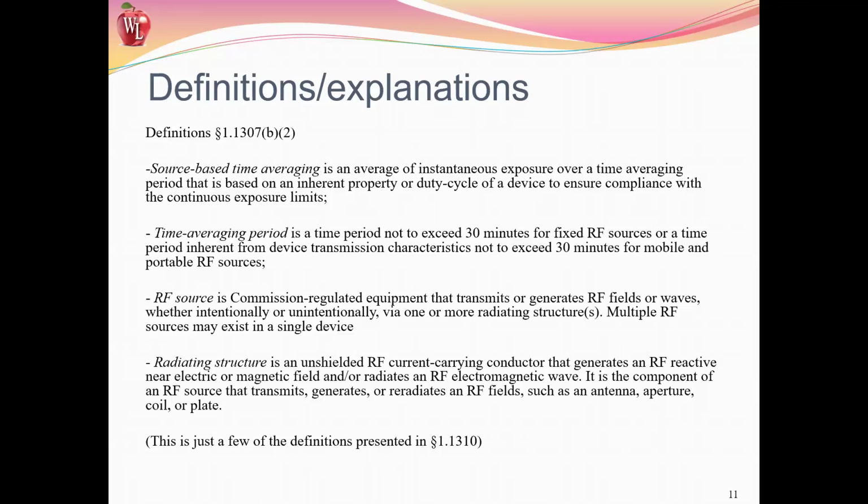So the radiating structure is where you determine your distances from. Antenna is another way to say that. That's just a couple of the definitions that are presented in that rule part. There certainly are more, but you can find them at paragraph 1.1310.